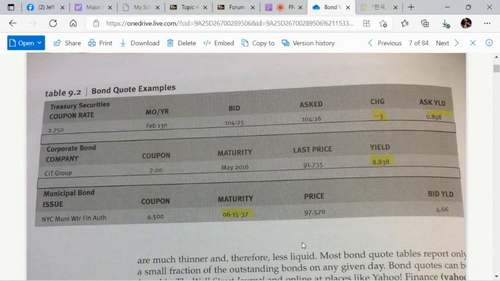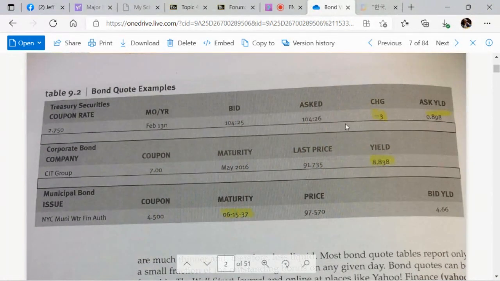And what is the colon? That's the weird thing about the Treasury. The digits before the colon, 104, mean 104%. So you can tell, 104% is $1,040-something.